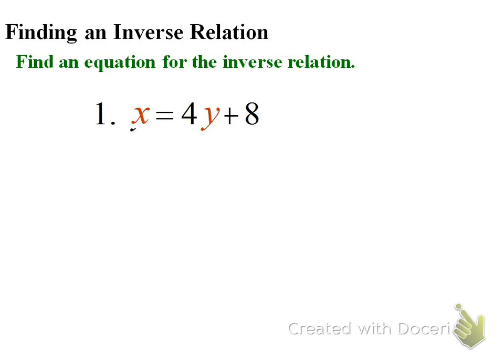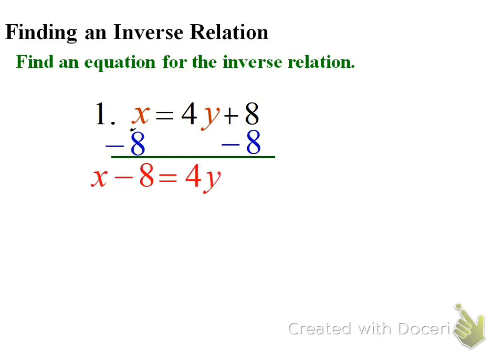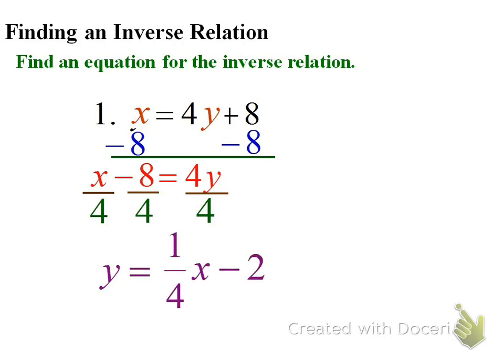But we want to write it in that original form. For a linear equation, we want to write it in slope-intercept form. So I need to solve for the new y. I'm going to subtract 8 from both sides. Then I'm going to divide both sides by 4. So I end up with y equals 1/4 x minus 2.